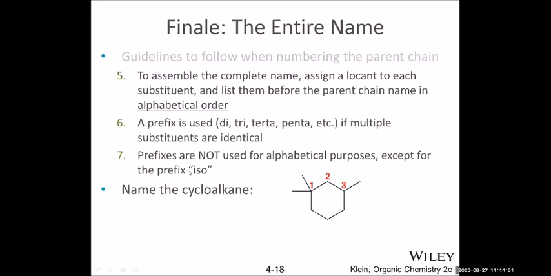The iso, when you have a propyl group or methylbutyl group that starts with iso, the iso counts as part of the name, part of the whole substituent name. That's the rule we have. We'll see some examples later.